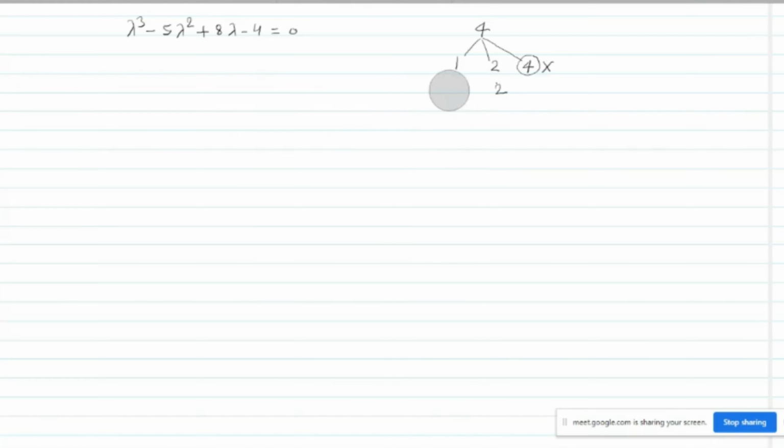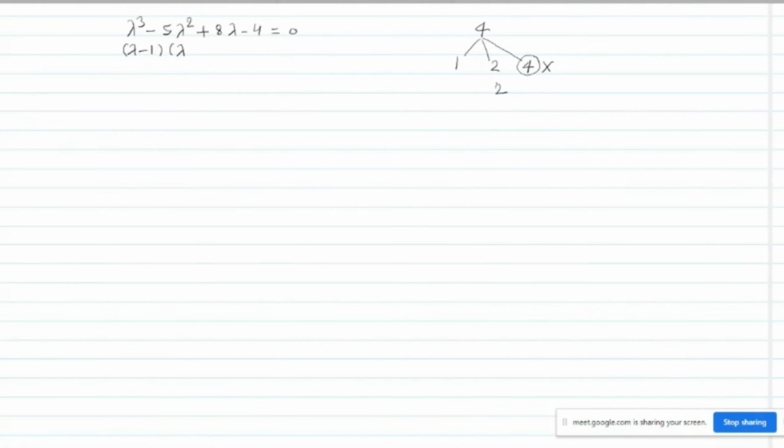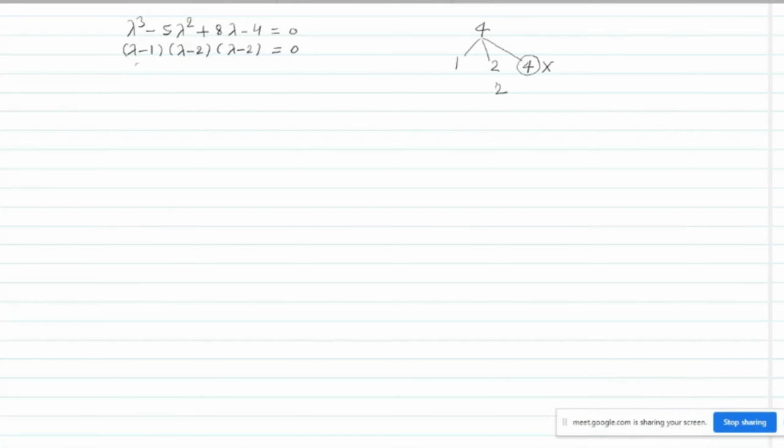So we repeat 2 twice. So just write down here. We will write the factors. So lambda minus 1, lambda minus 2, and lambda minus 2, and this equal to 0. So these are the possible factors of this polynomial. From this you will write lambda minus 1 equal to 0, or lambda minus 2 equal to 0, or lambda minus 2 equal to 0.